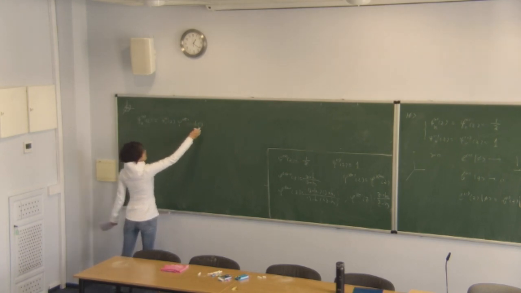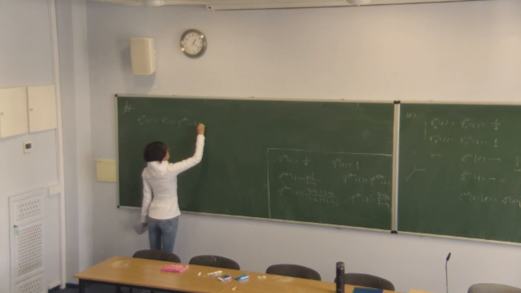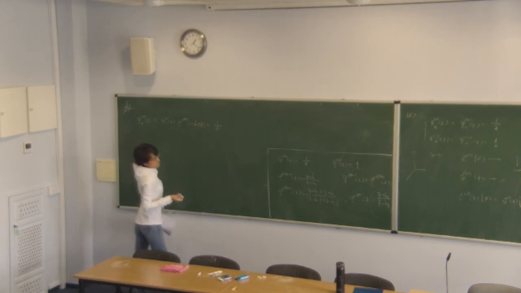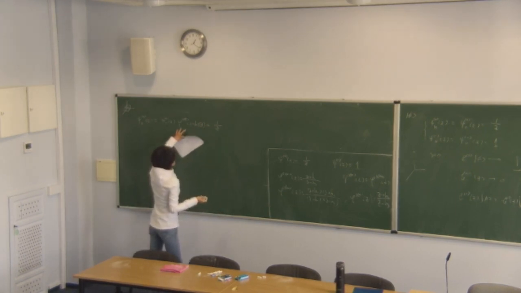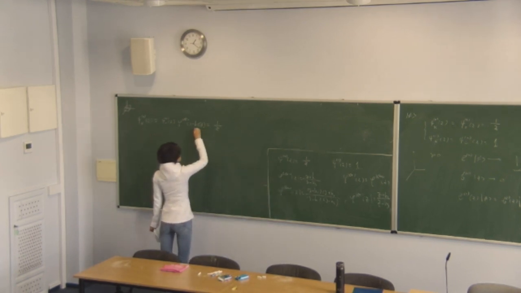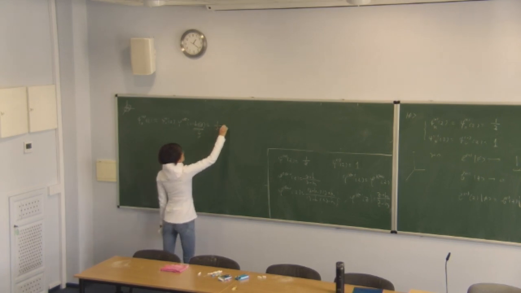This is the atom that corresponds to this box here. So this would be Z. So this function here is this one, and then this weight is 0.